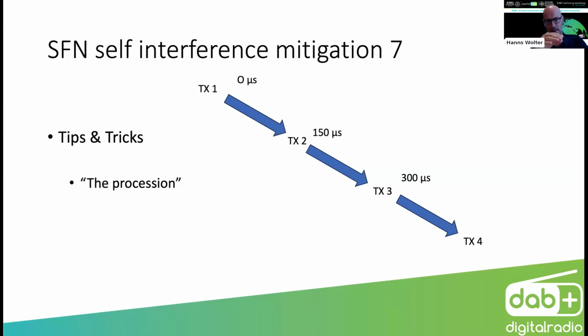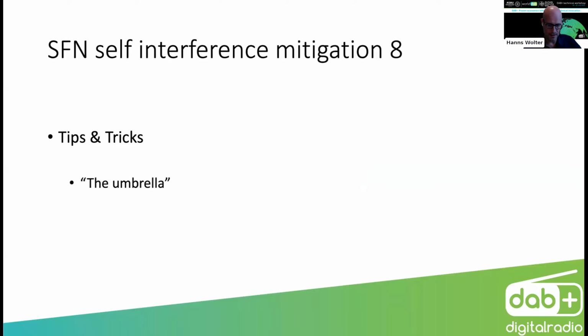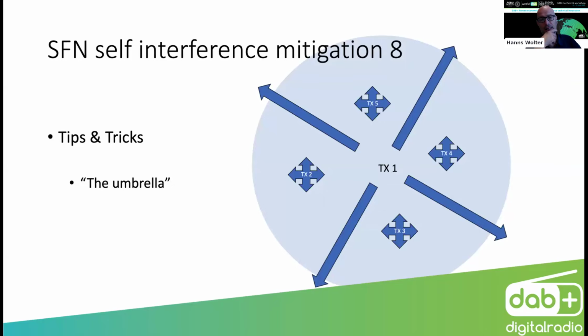Basically, if you go look at the Adriatic Sea, you will have in the north transmitters which have an offset of 0, and in the south you have transmitters which have maybe an offset of nearly 1 millisecond, so 1,000 microseconds. Another way, of course, is this one here, and then I finish it.